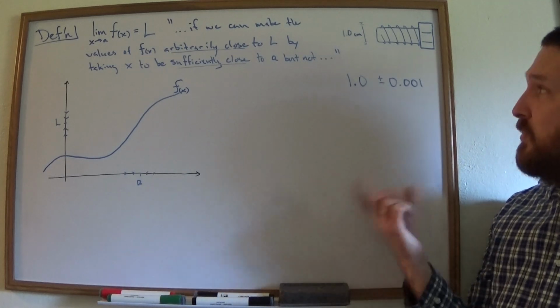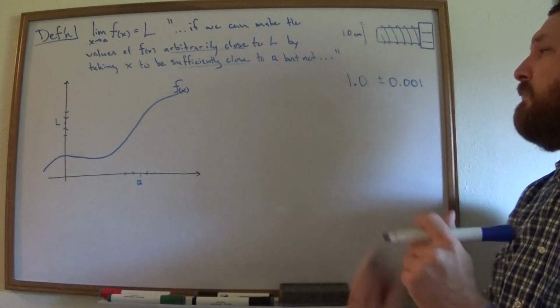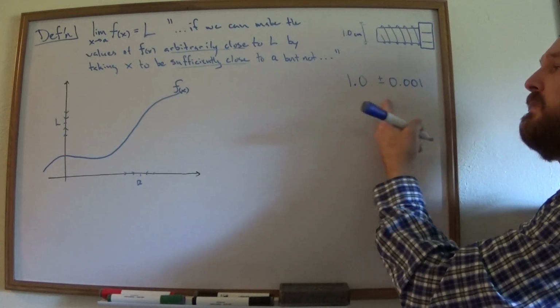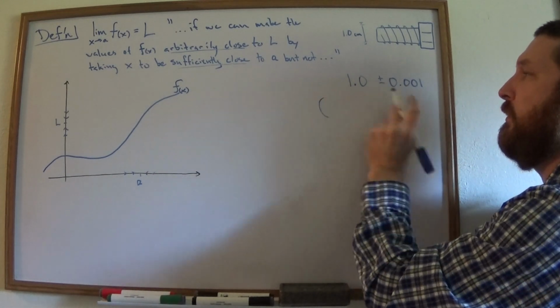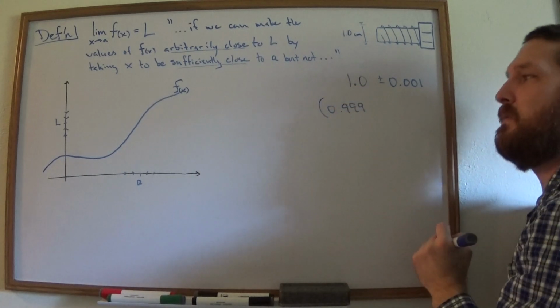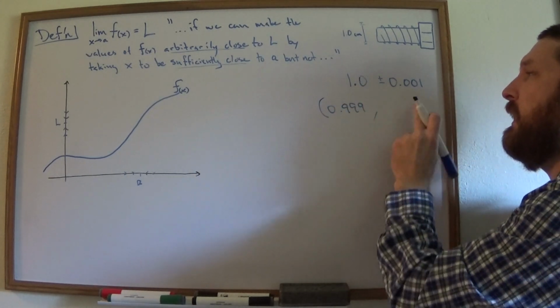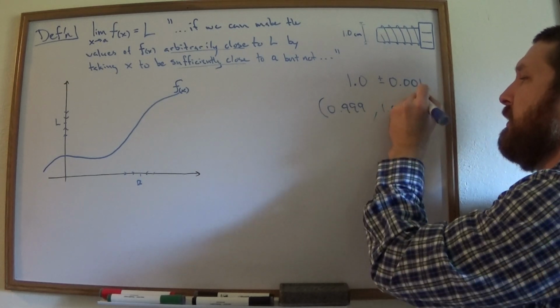Right? So you're testing your bolts as they come off, and if it's outside of this range, and let's think about what this range would be. So if you subtract off the 1/1000th, you would be at 0.999, right? And if you add on, you would have 1.001.